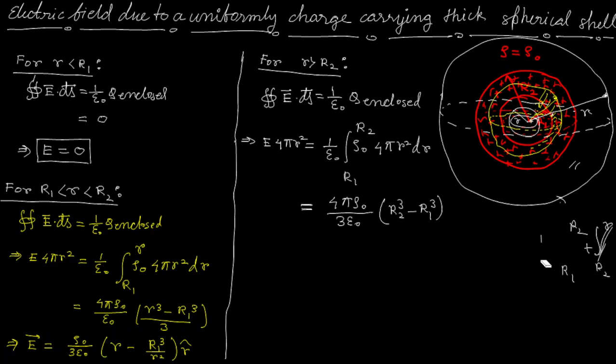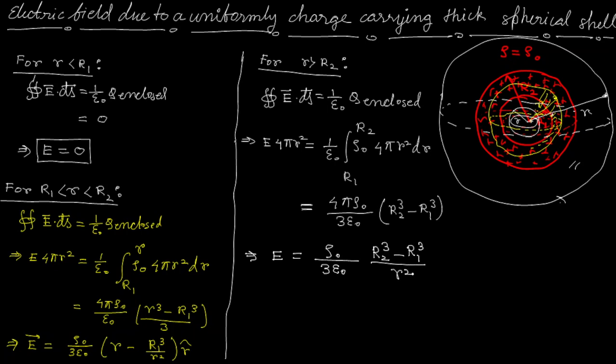Then if we divide by this 4 pi r square on the right side, what will we get? We'll get E is equal to rho naught divided by 3 epsilon naught, into r2 cube minus r1 cube, divided by r square.